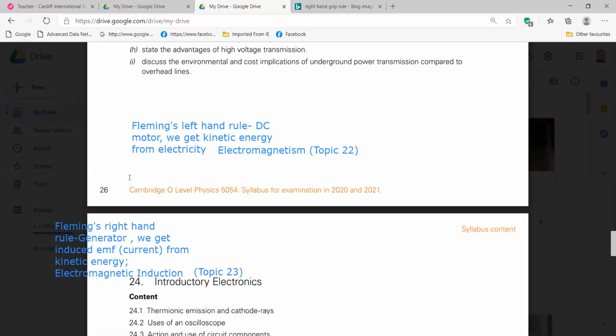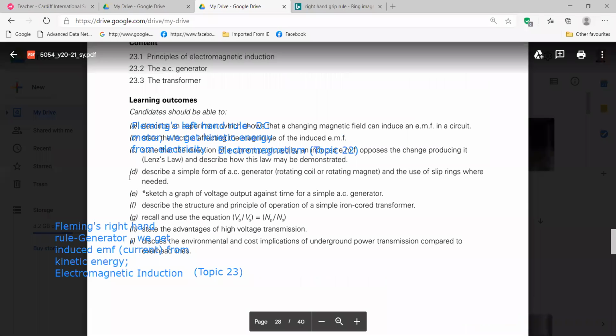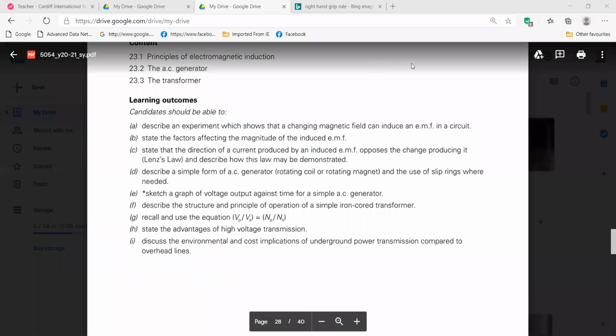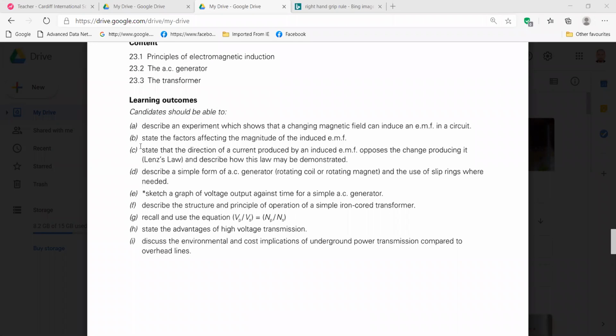Yes, sir. I finished writing. Okay, very good. Look, we are having here topic 23 learning outcomes, and we did A, B completely. Now C we will do today.